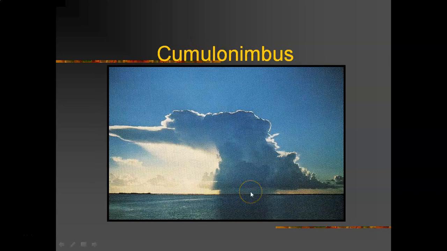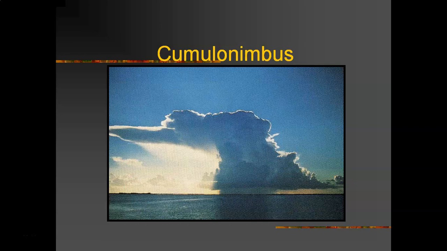But in this case, here's just a nice example of our second rain producing cloud, the cumulonimbus. And this is a nice example of a single anvil top right here with the upper level winds carrying the cloud downwind. You see many fine examples of cumulonimbus clouds in South Louisiana in summertime, with convection.